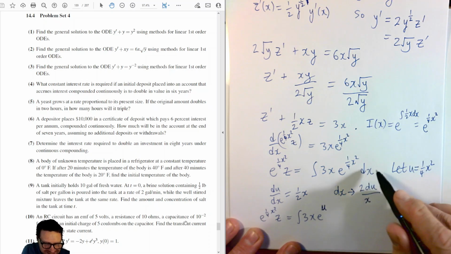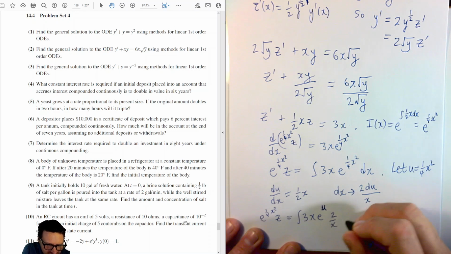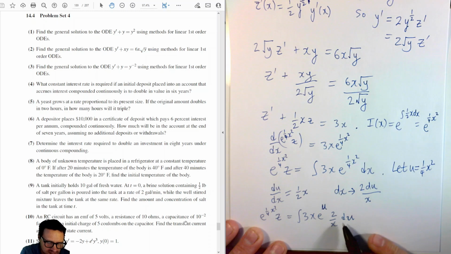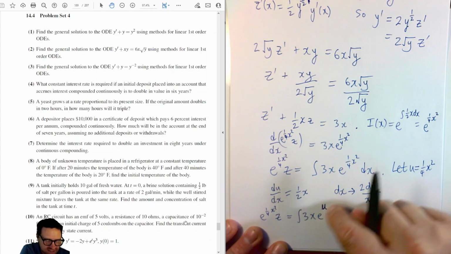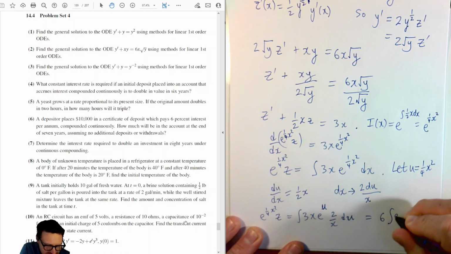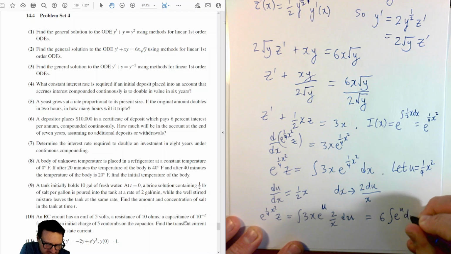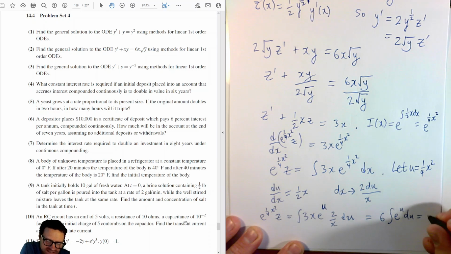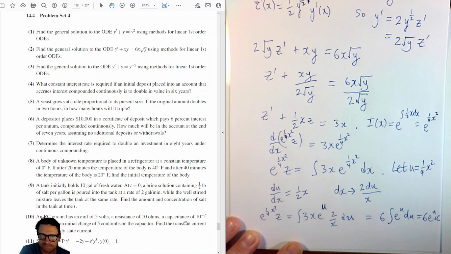And then we're replacing dx with 2 over x du. And so now we can cancel an x. 3 times 2 is 6. We can pull out the 6. So we'll say this is 6 e to the u du. And so that's 6 e to the u plus a constant c.